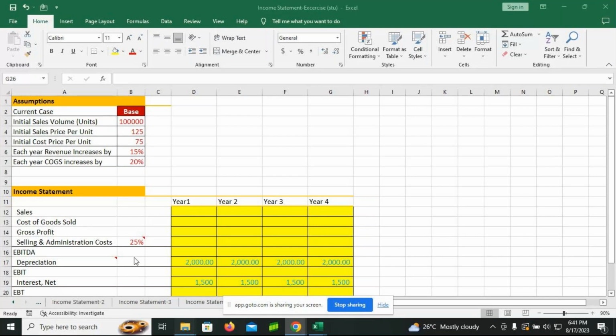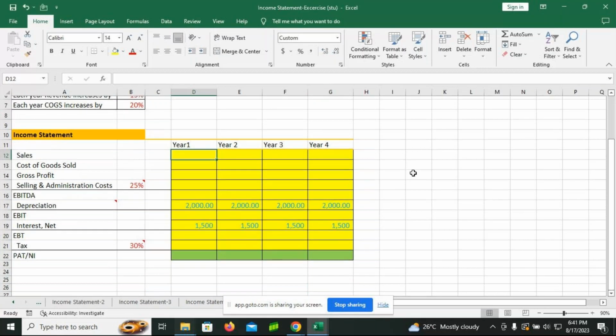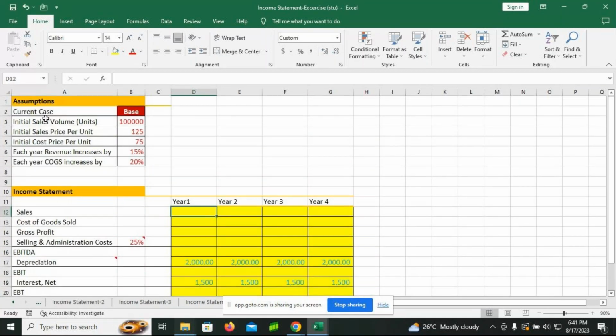Okay, let me solve this sum. So here, initial sales volume, what we have sold is 1 lakh. So here I'll take, so I have to show the sales. So I have sold 1 lakh units at the cost of 125.